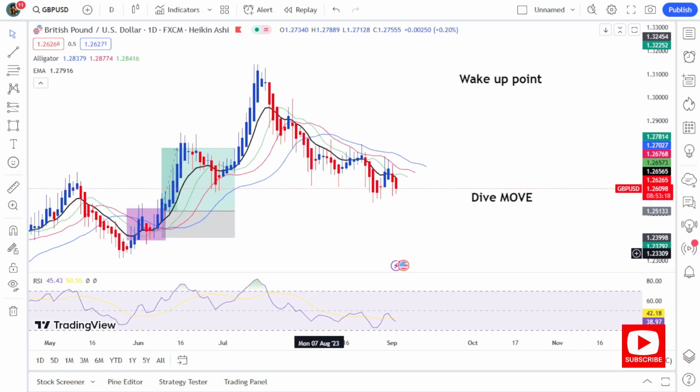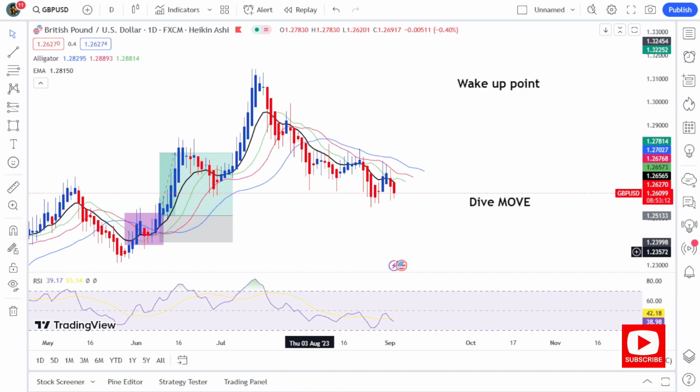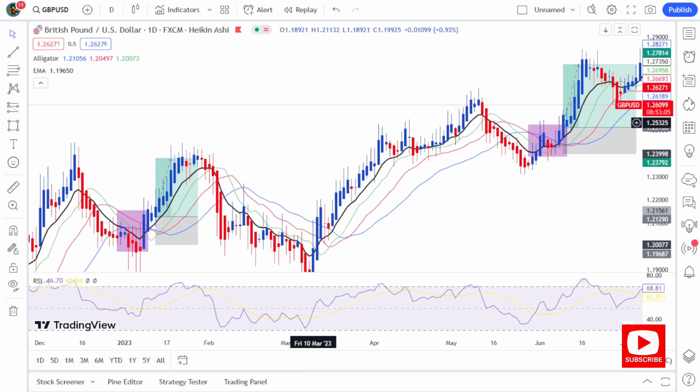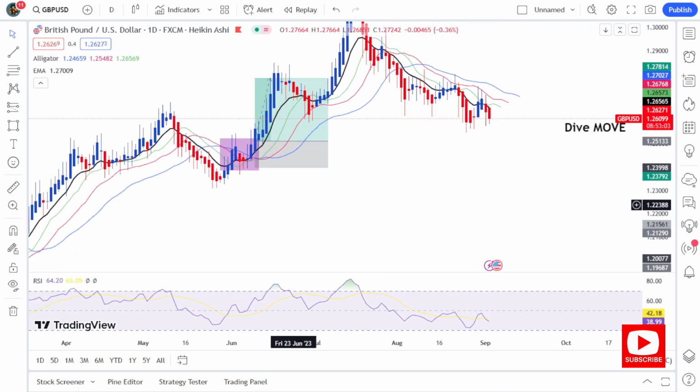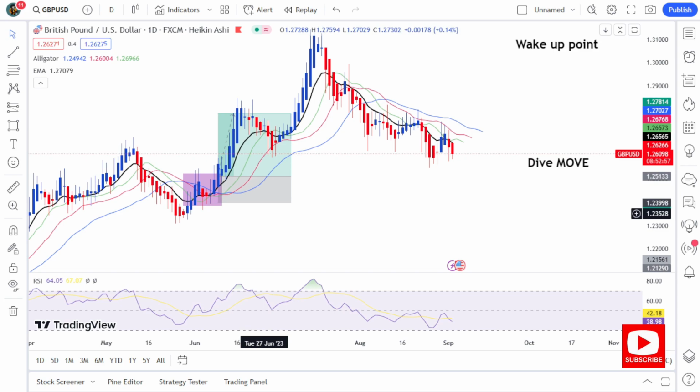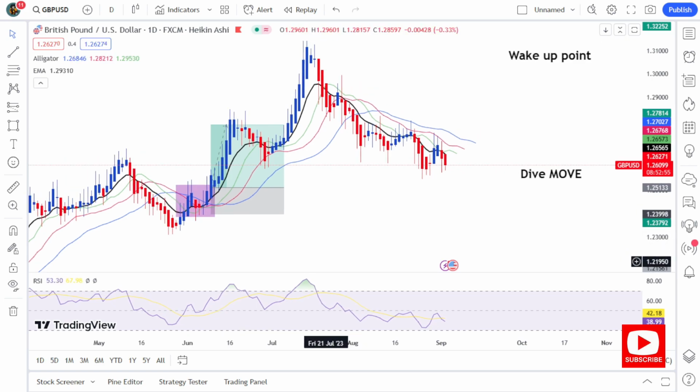So what did we learn so far with this tamed alligator strategy? We learned the wake up point, whereby all the moving averages plus the alligator indicator cluster, while in an up scenario, the moving average 10 goes up. In a down scenario, the moving average 10 goes down, and that is the wake up point for the alligator strategy.